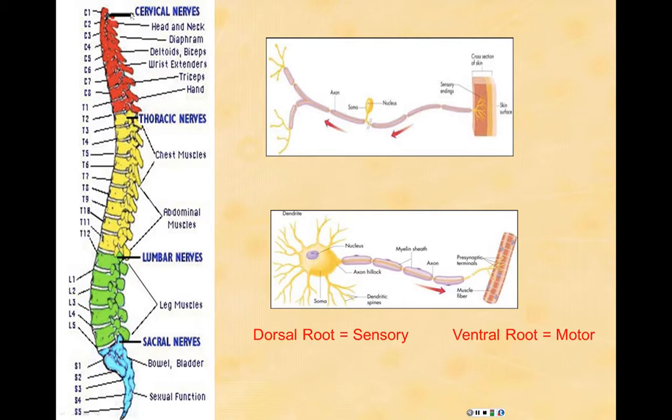Here's a picture of all of the 31 groups of nerves: cervical, thoracic, lumbar, sacral. This is basically a picture of how these impulses are transmitted. Dorsal root is sensory, ventral root is motor, if you keep that in mind.